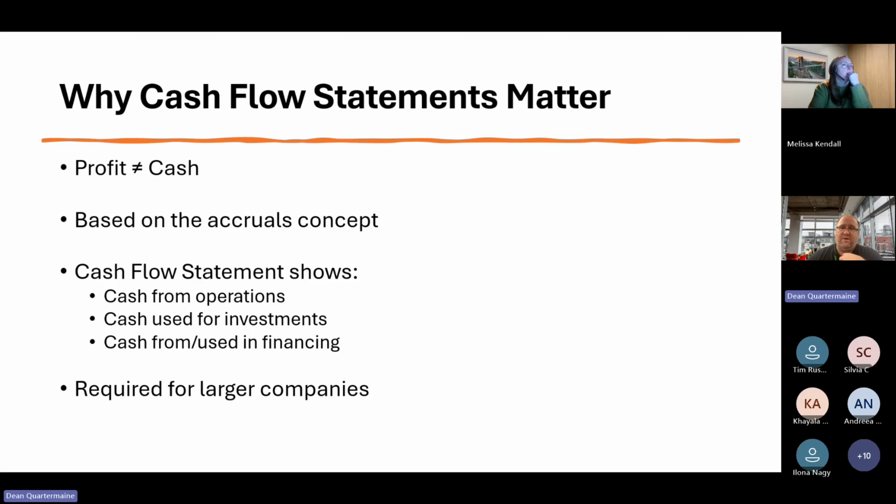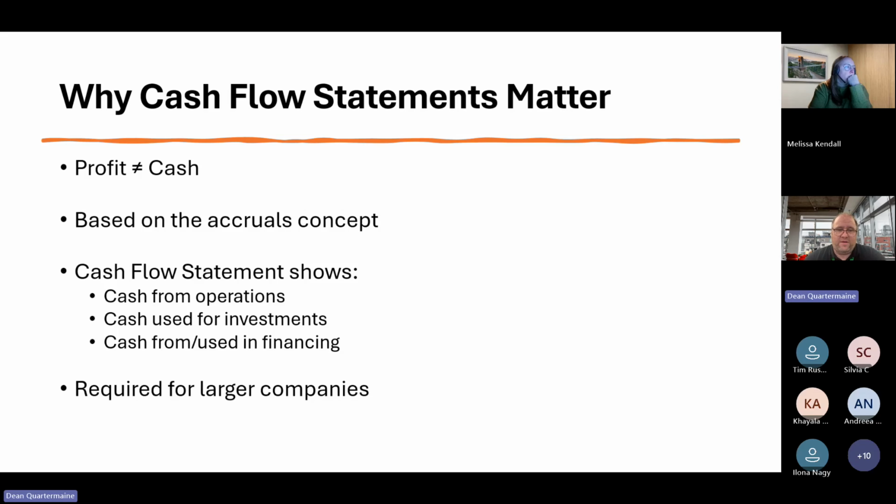Accounting generally, or certainly accruals accounting, as we know, is based on when the income is earned and when the expenses are incurred. It's not about when the money's received and when the money's spent. That's cash accounting. So what a cash flow statement reveals is the organisation's real level of liquidity and also its ability to generate cash.